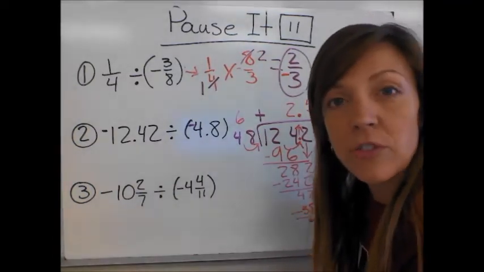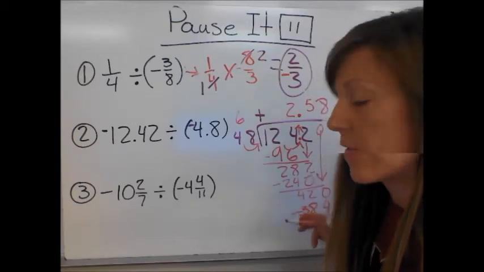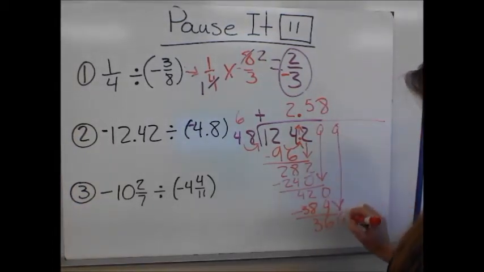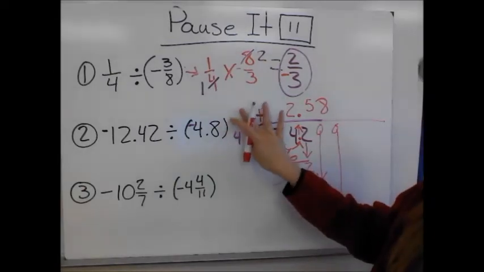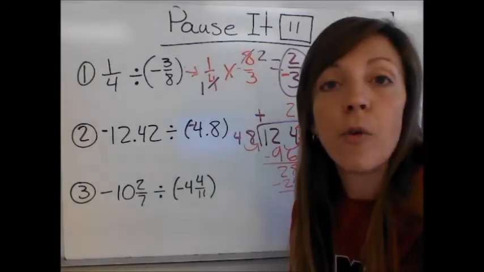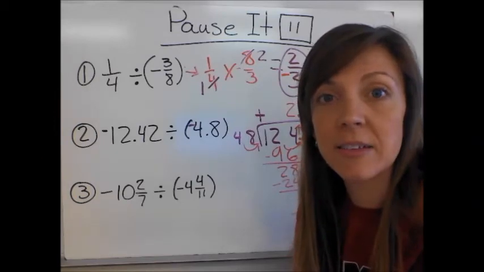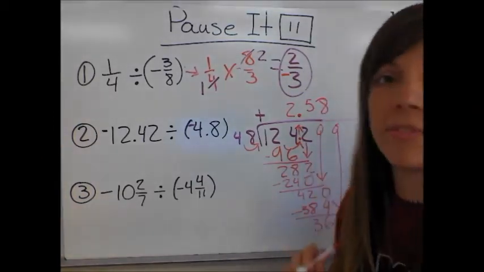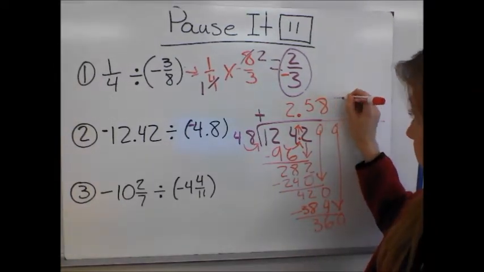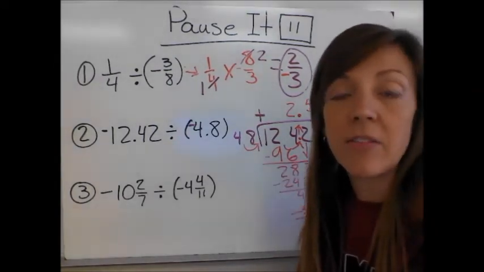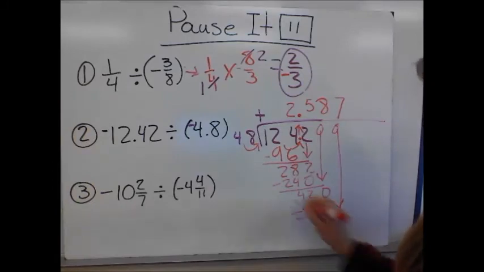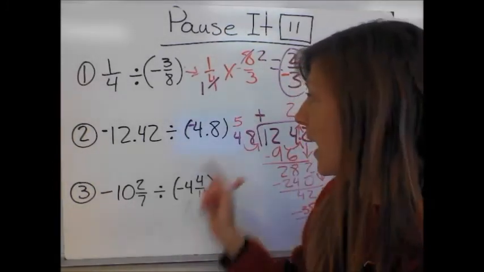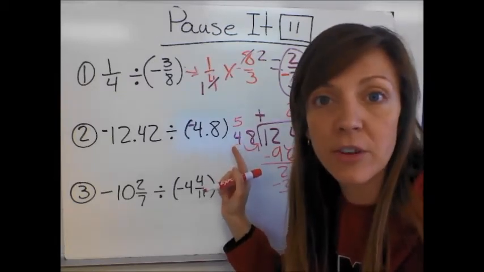And then 400 to 420 would be 20 more, so that's 36. 48 into 360, I would say goes 7 times, excuse me. 7 times 8 is 56. 7 times 4 is 28, plus 5 more is 33.